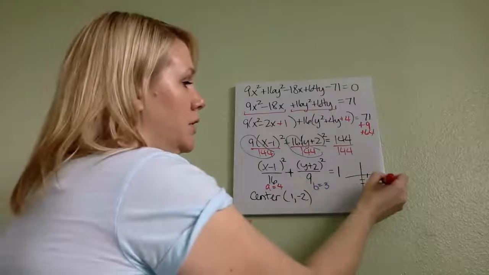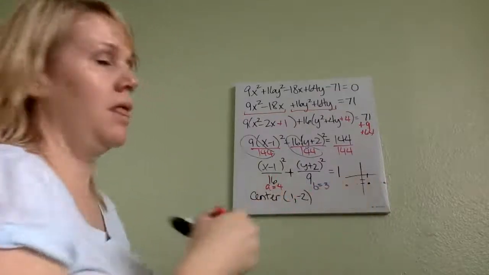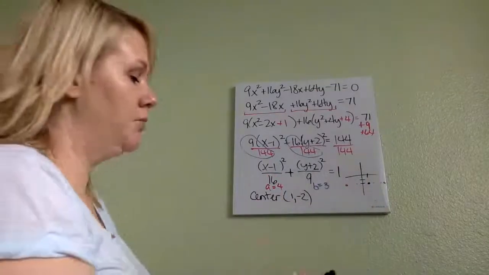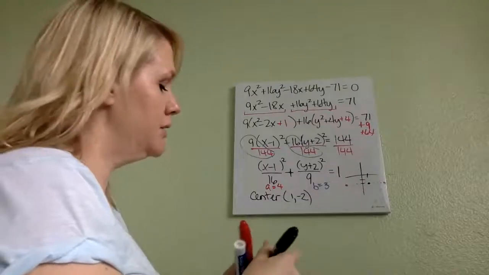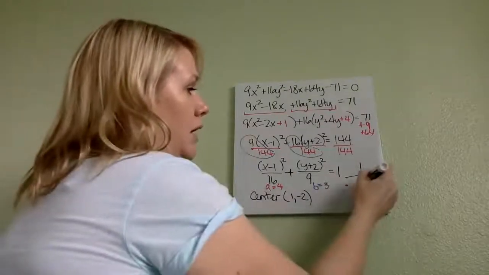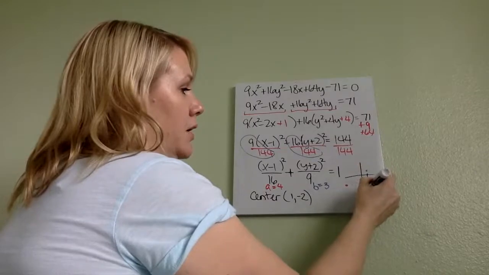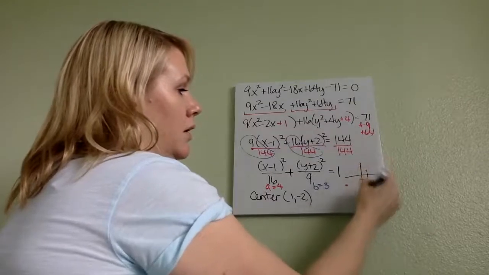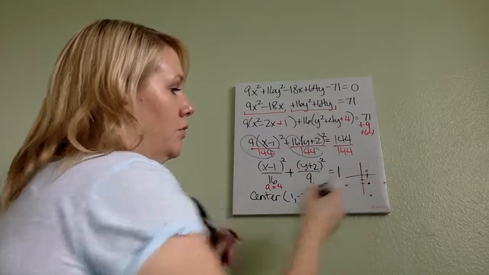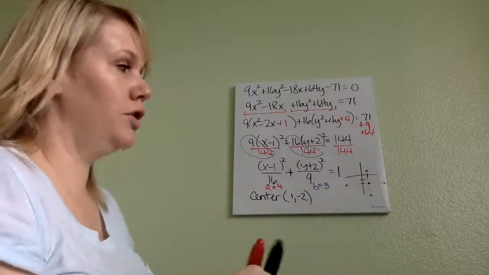And then you would put your two major axis endpoints there, vertices, and then you would count 3 up and 3 down. And those are your two minor axis endpoints, your co-vertices.